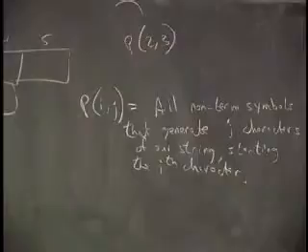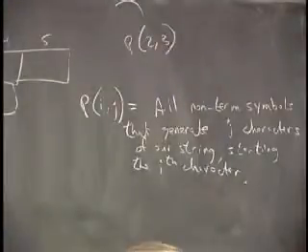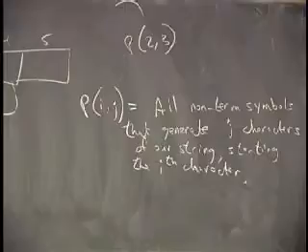It doesn't mean that can generate the characters i through j. It means that can generate j characters starting at the ith character.